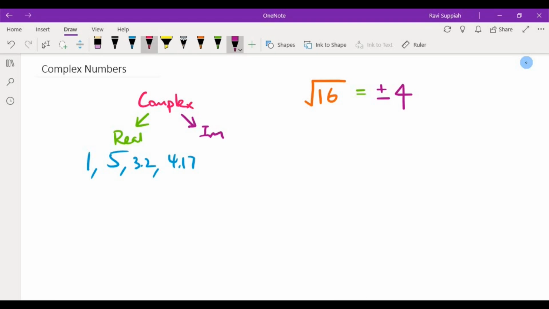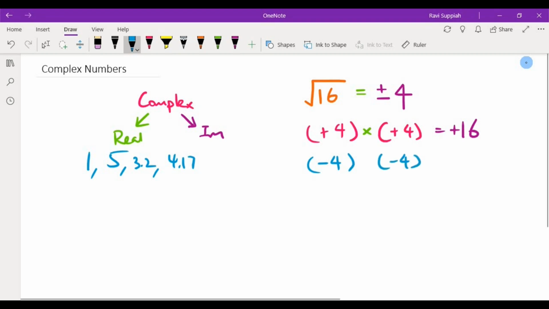Because we know that positive 4 multiplied by positive 4 would give me 16, or in other words positive 16, which is what we have here. The other way in which I can get positive 16 is I take negative 4 multiplied by negative 4, and in this case I will also get positive 16.